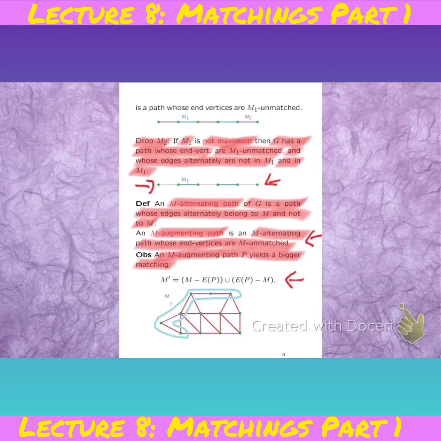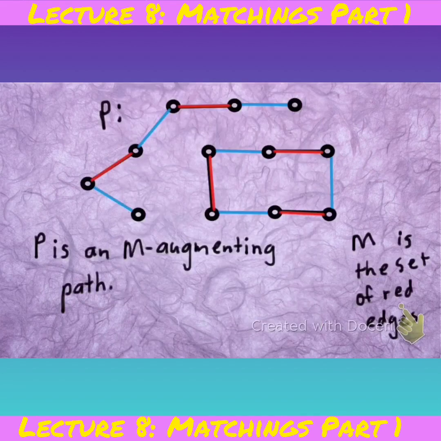The definition of an M augmenting path: it alternates with regards to M, and its end vertices are M unmatched. If you look at the end vertices of this path P, there are no red edges incident there, so it is M unmatched. So that's an M augmenting path. What we want to do now is construct a new matching.